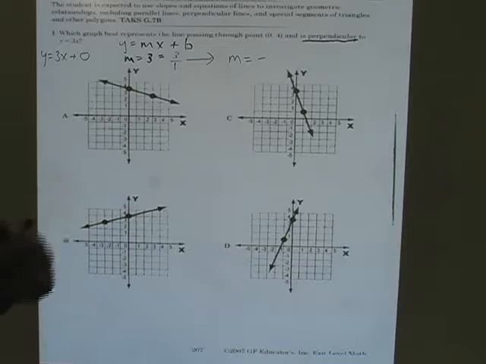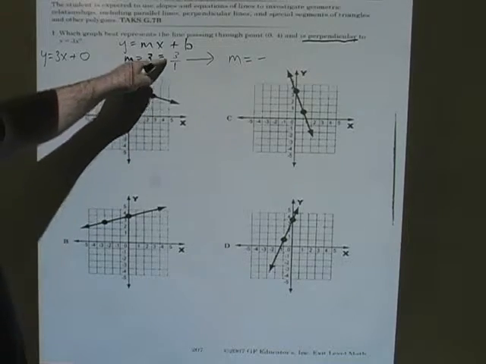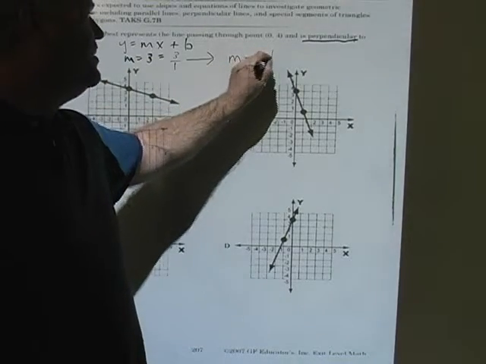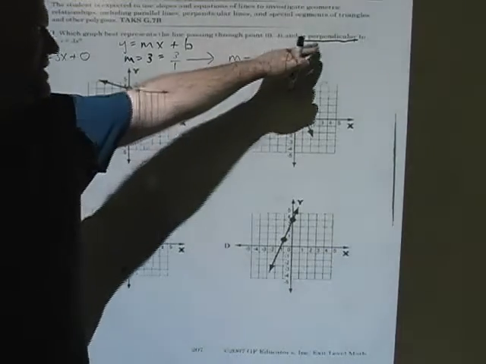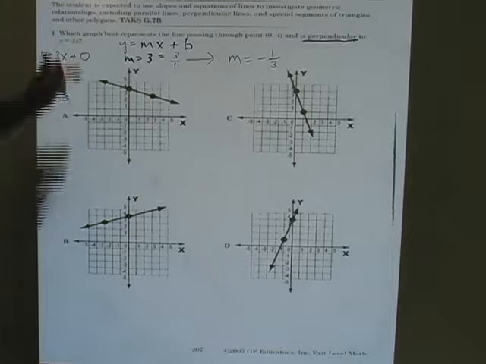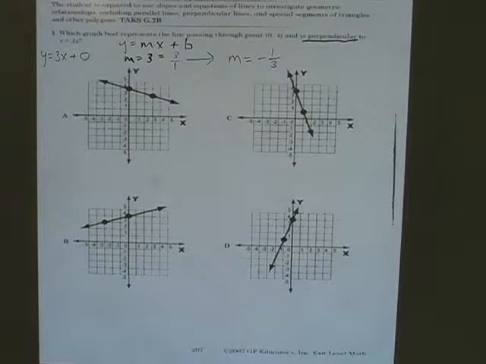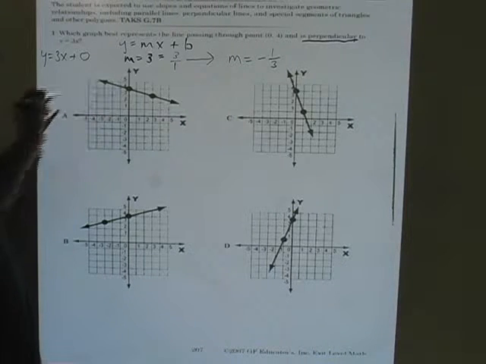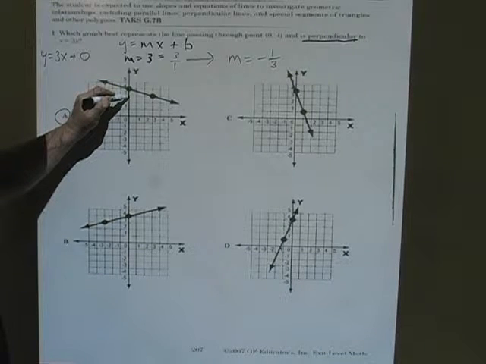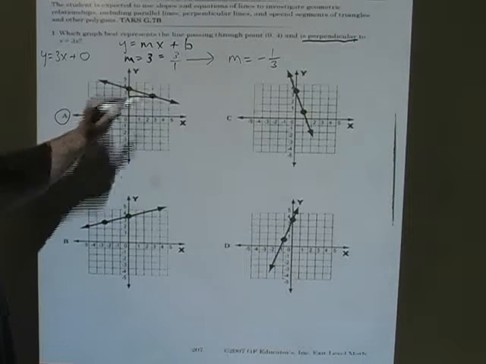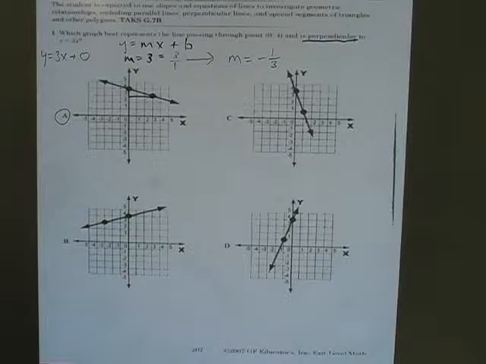The reciprocal of 3 over 1, just flip the 3 and the 1, and make it 1/3. So our slope that's perpendicular to this line is going to be negative 1/3. And I believe this is the one. This one goes down 1 over 3, so that's a slope of negative 1/3.